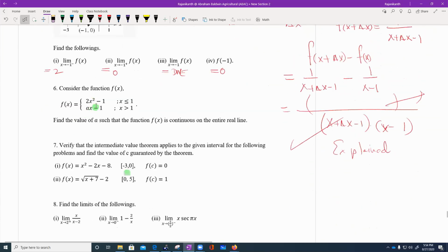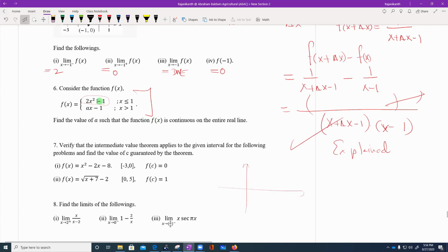Number 6 is the typical problem you always come across. This is a kind of step function. There are two different functions given, right? The first piece of the function is a parabola, a quadratic function. The second one is a linear function. This is just roughly, I don't know the exact graph.